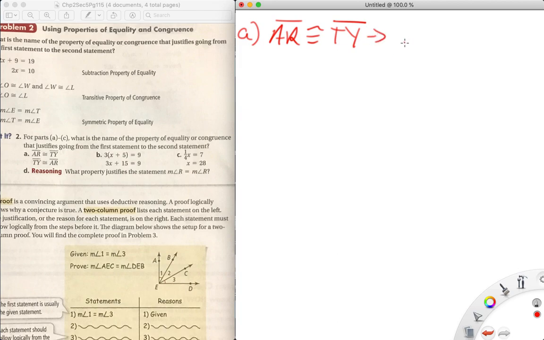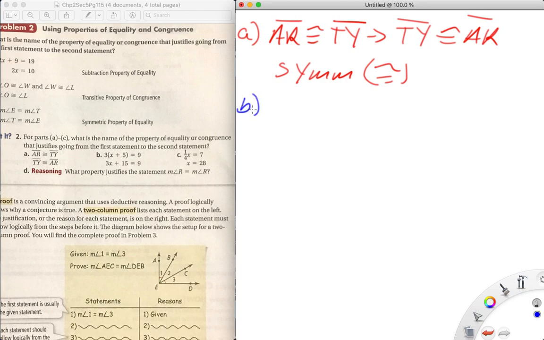Then it says that TY is congruent to AR. That is the symmetric property of congruence. B, it says 3 times the sum of x and 5 is equal to 9. Then it says 3x plus 15 equals 9. That's the distributive property.